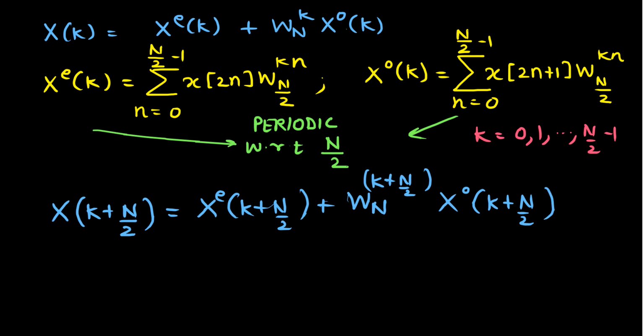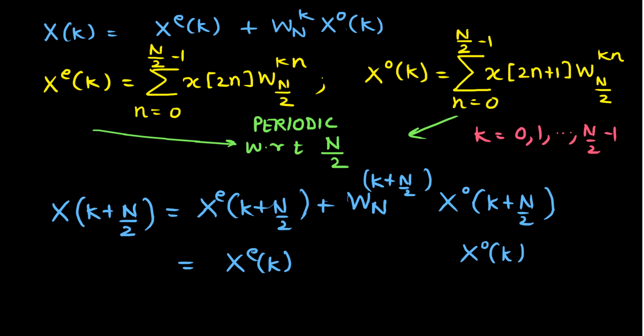And we just said that these two summations, that is these two DFTs, are periodic with period n by 2, which means that this X even of k plus n by 2 would be equal to X even of k, and this X odd of k plus n by 2 would be equal to X odd of k. So this can be written as X even of k, and this can be written as X odd of k.